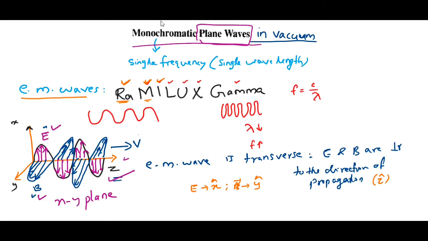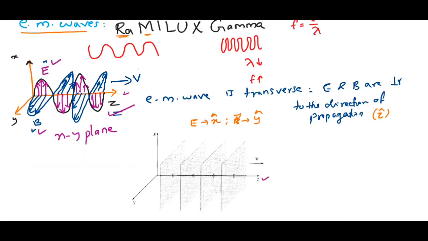Then that wave is called a plane wave. I will draw the figure of the plane wave here for the better explanation. In this figure, it is clear that the electromagnetic wave is propagated along z direction, that is the velocity is along z direction, and the electric and magnetic field vectors lie in the x and y plane, that is perpendicular to the direction of the propagation.